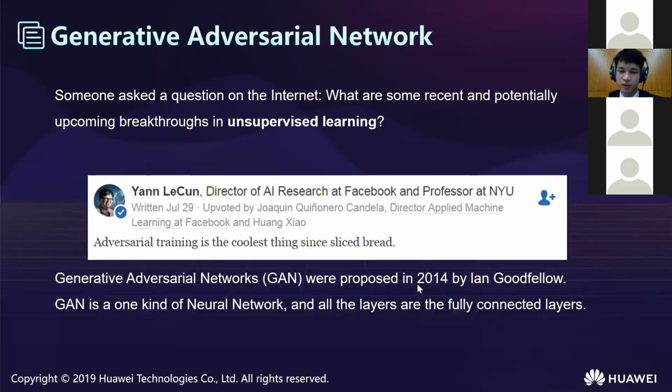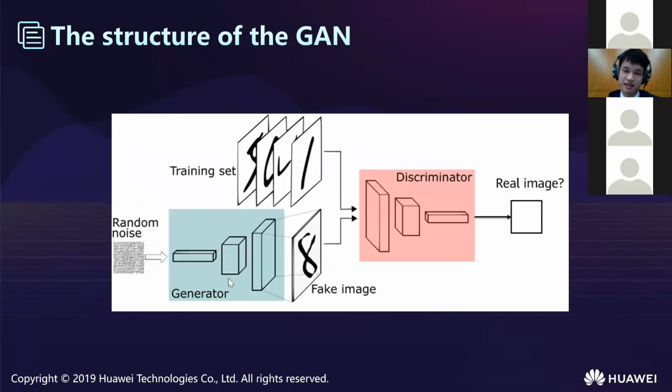It was proposed in 2014 by Ian Goodfellow, and that is one of the neural networks. In the original GAN, all the layers are fully connected layers. So that is the structure of the GAN. There are 2 parts, the generator and the discriminator.